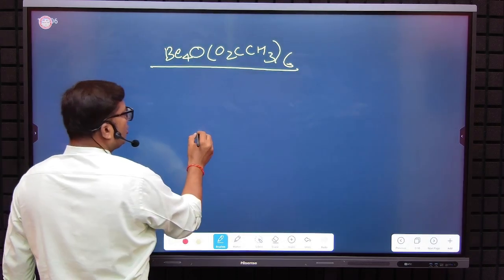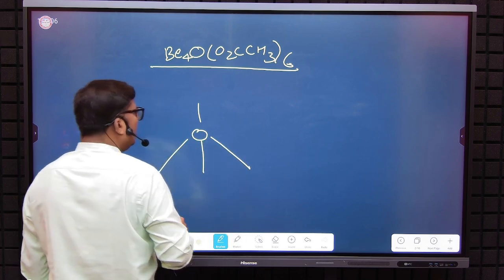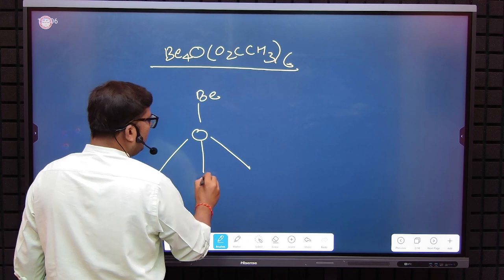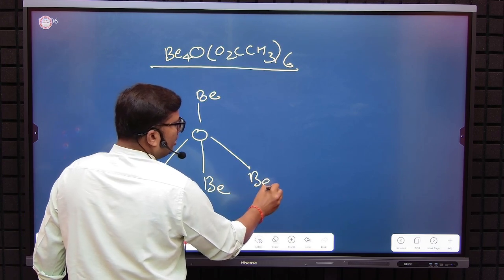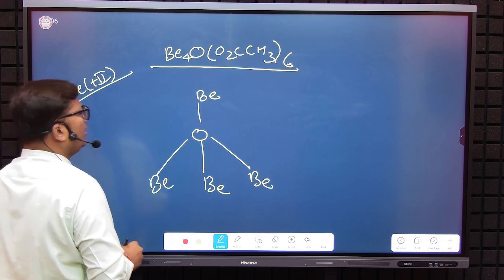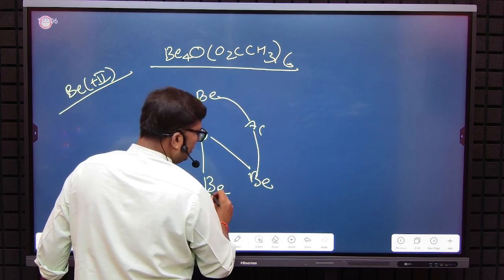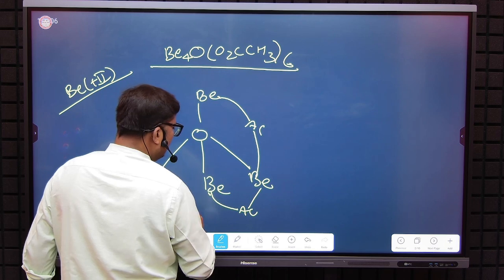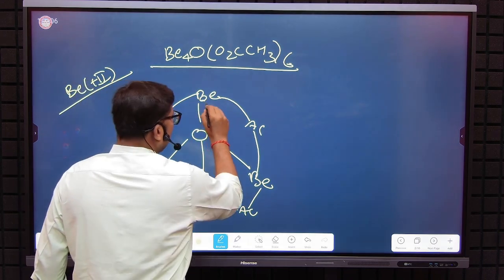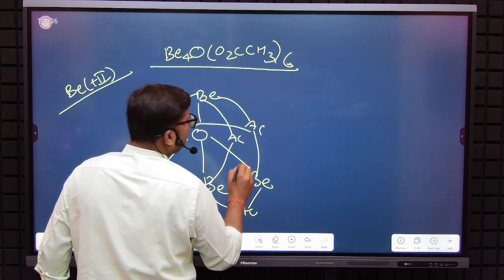So oxygen is present at the center of the tetrahedron, and these are your beryllium 2+. All the beryllium exist in the +2 state, right? So beryllium in the +2 oxidation state, and in abbreviated form, this is your AC, and this is your AC, and this is also AC, and this is also AC, right? So one AC is due to this, and one AC is due to this.